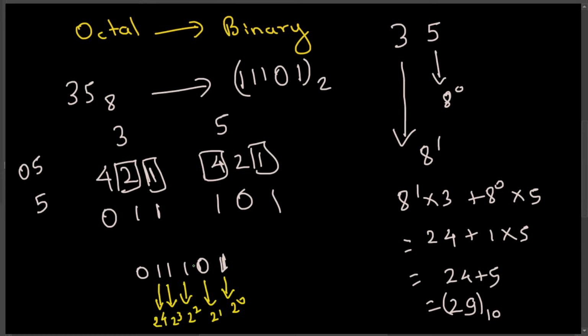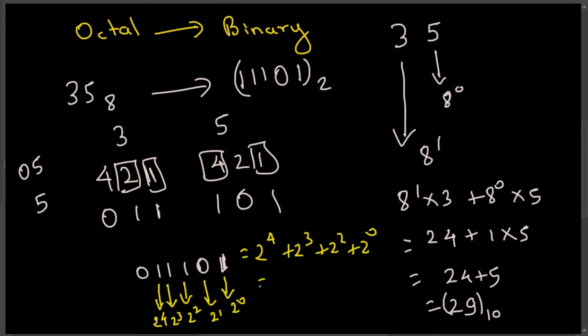And whenever we have a 0, we can neglect that one, because 2 power 1 times 0 gives me 0. So we don't want this. We can just multiply and add the others together. Everything multiplied by 1 is itself, so I'm just writing the powers. 2 power 4 plus 2 power 3 plus 2 power 2 plus 2 power 0.